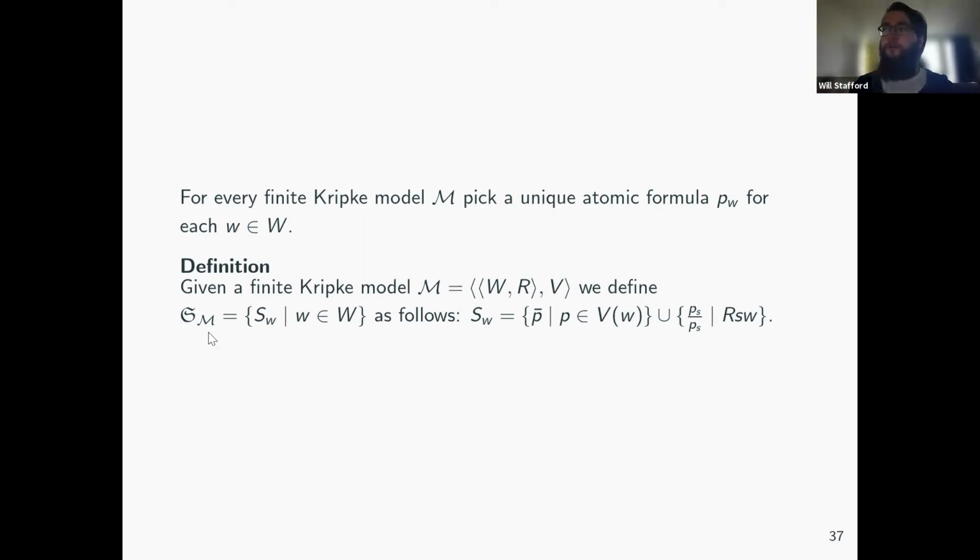You define the proof-theoretic system such that it has an atomic rule set for each world that's going to contain an axiom for every atomic formula that's forced on that world. And then it's going to contain the world labels, essentially, for every world that accesses this world. We're going to do that using trivial inferences from P to P.